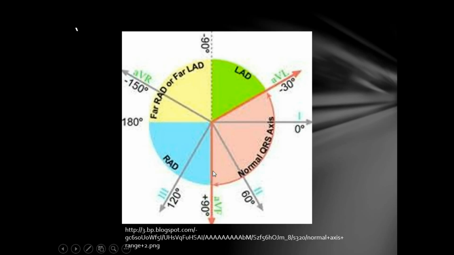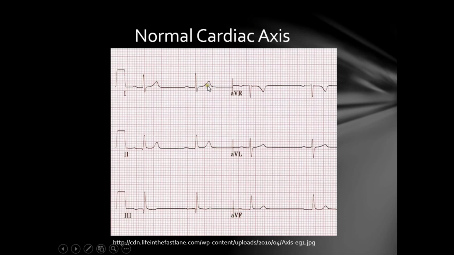The last condition is, what if the cardiac axis is exactly perpendicular, at 90 degrees, to a specific lead? Then that lead would look isoelectric on the ECG. The positive and negative deflections of the QRS would be equal. So, isoelectric.